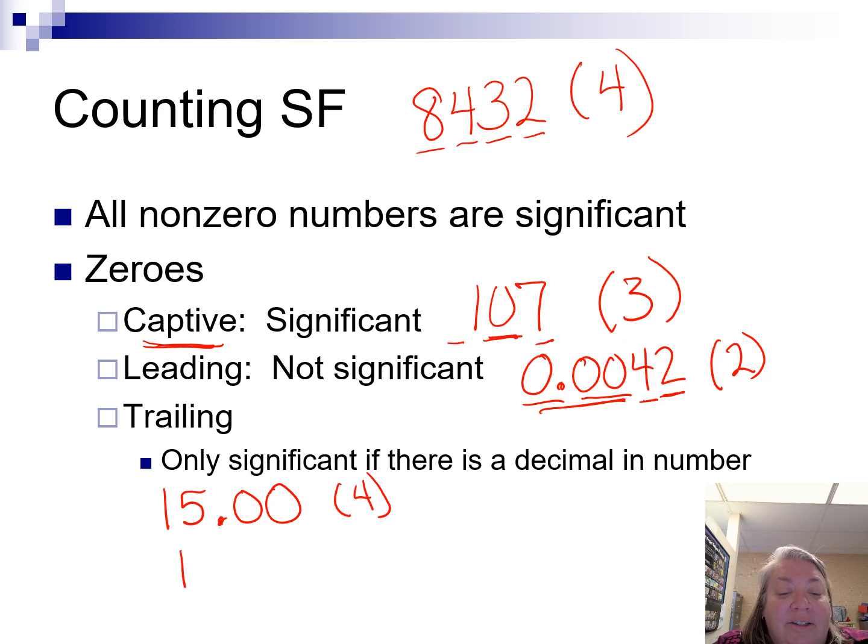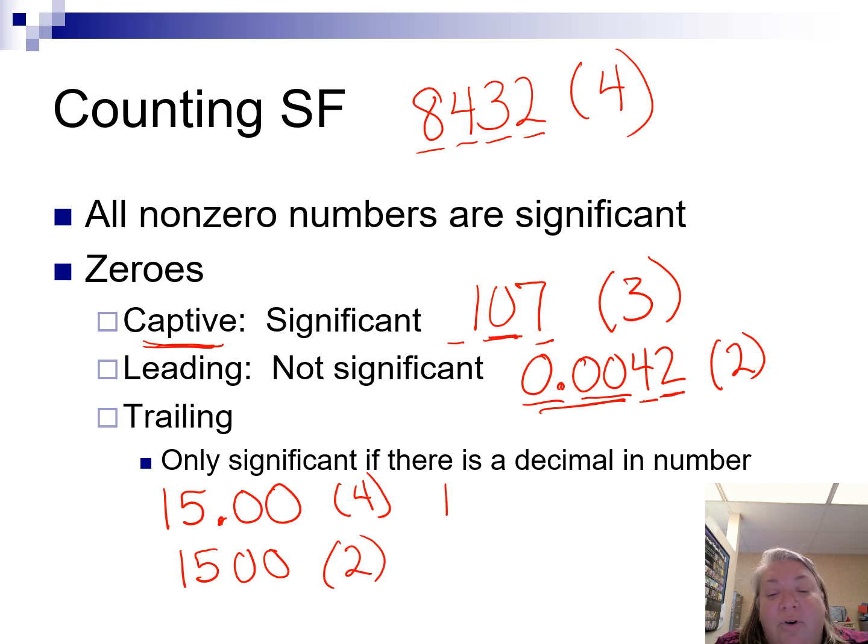On the other hand, if I said 1500, I don't know if that's a rounded off number or if it's an exact number. So generally, we're going to assume, I know it's bad to assume, I know what it does to you and me, but this is what we have to do. We're going to assume that it's not significant, that this is a rounded off number. So we're going to say that that one has 2 sig figs.